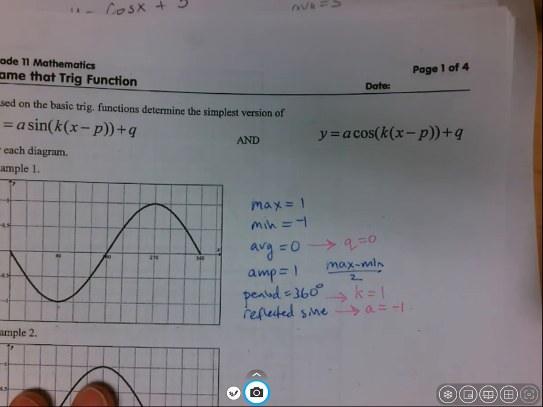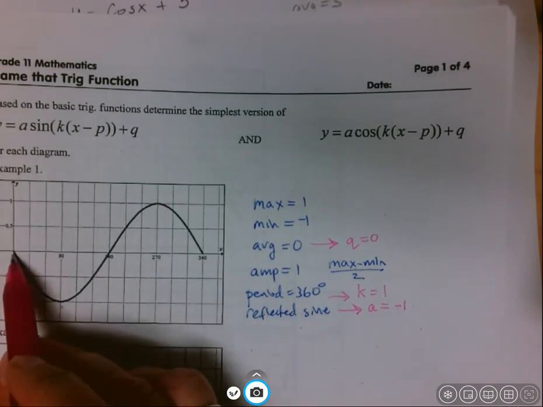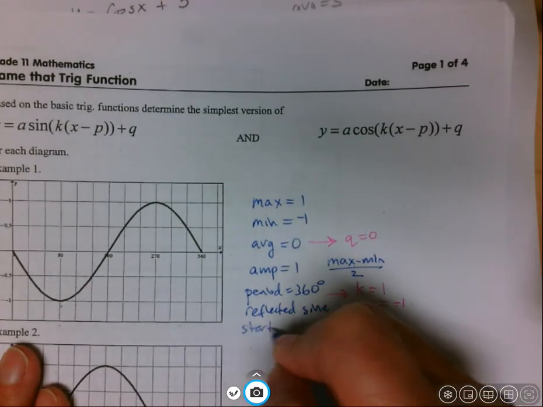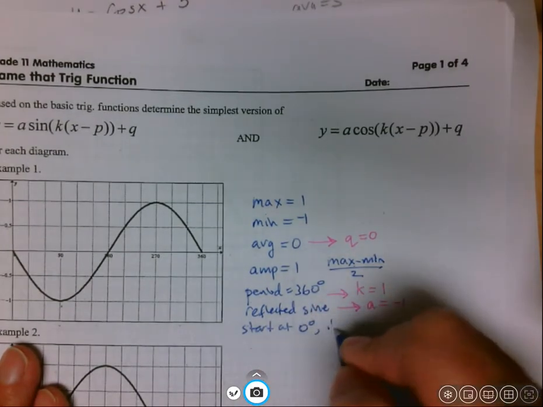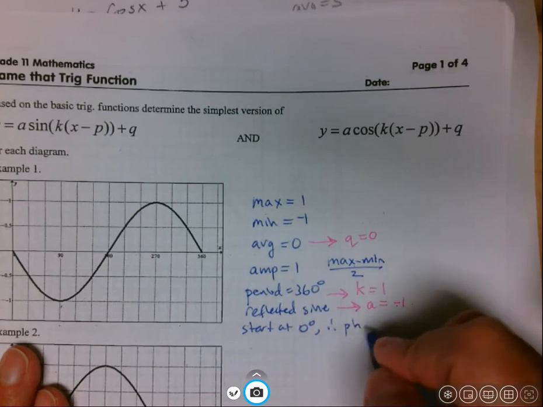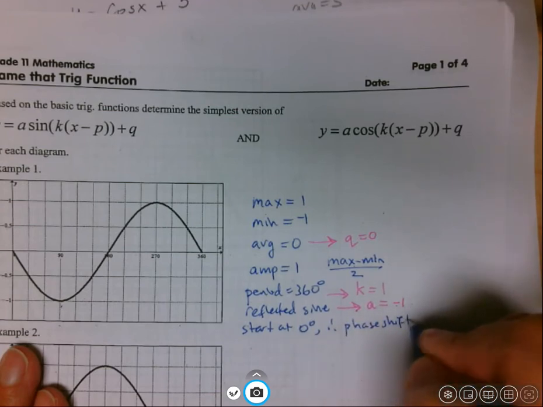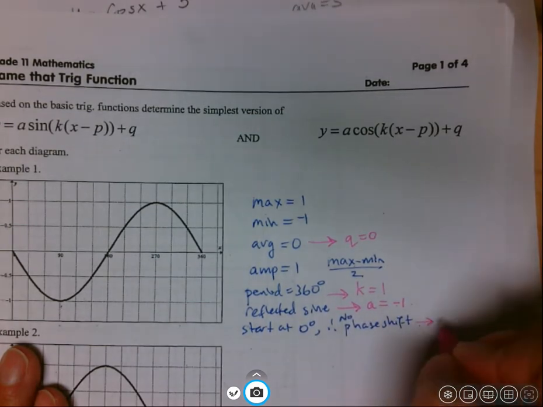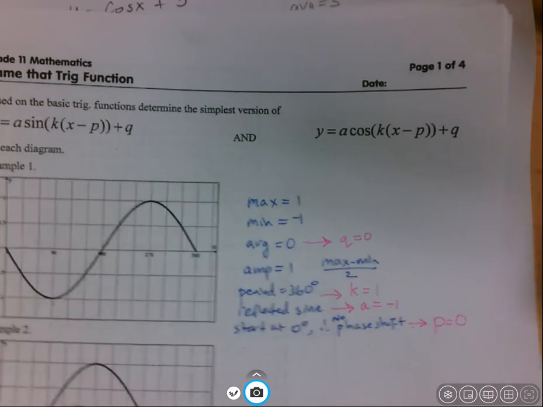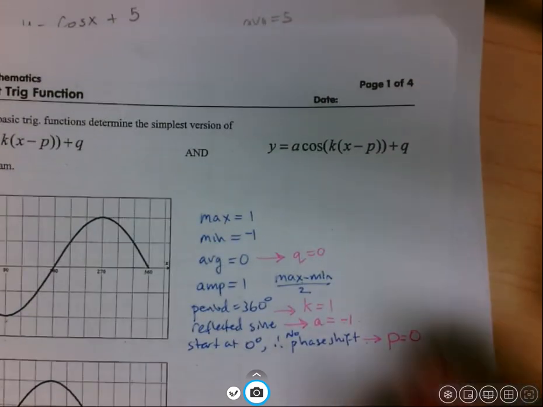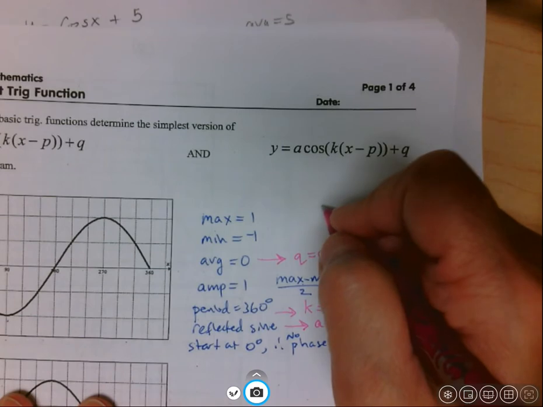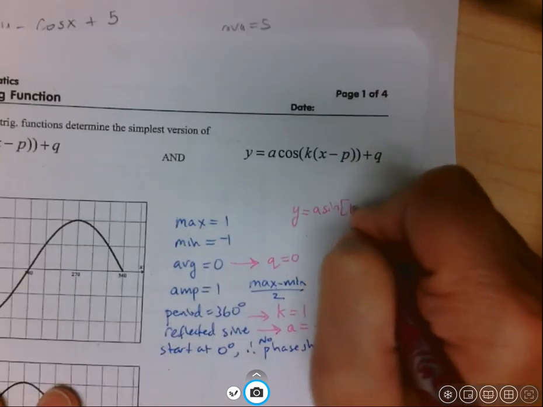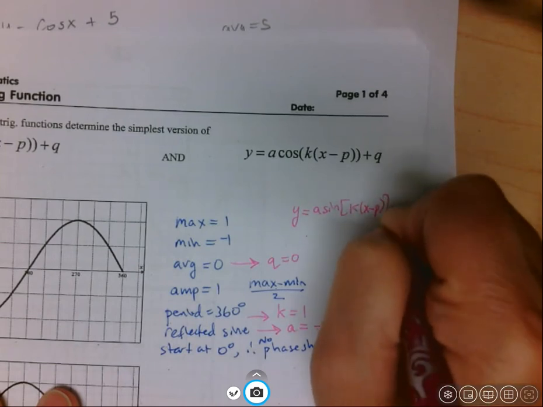And what's left is the phase shift. Well, I am starting at the y-axis. Start at 0 degrees, therefore no phase shift. So then I can say my p is 0. Now I can put them all together. It's a sine, so it's going to be y equals a sine k times x minus p, plus q.